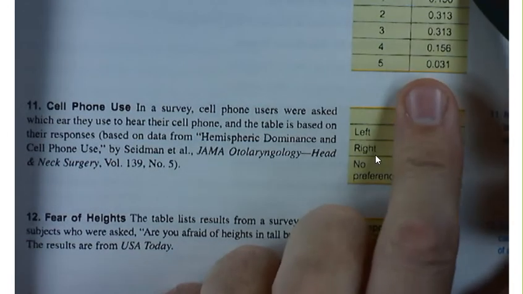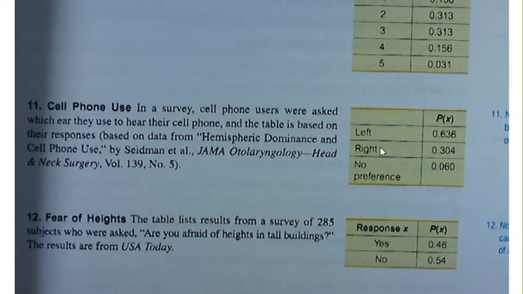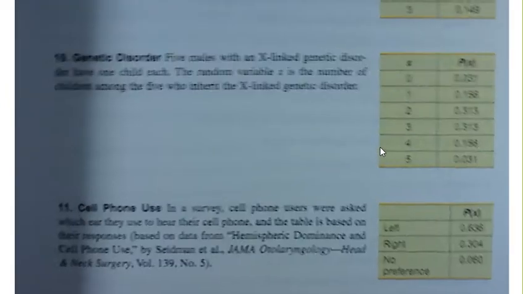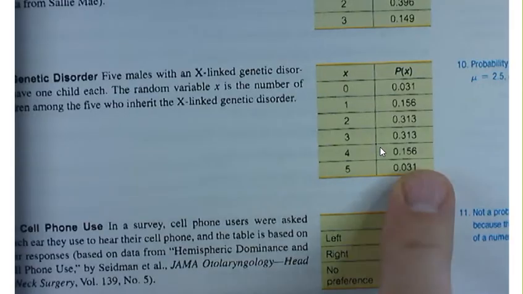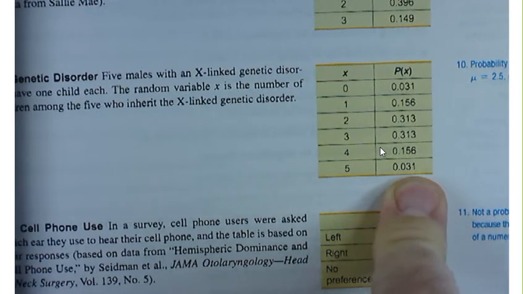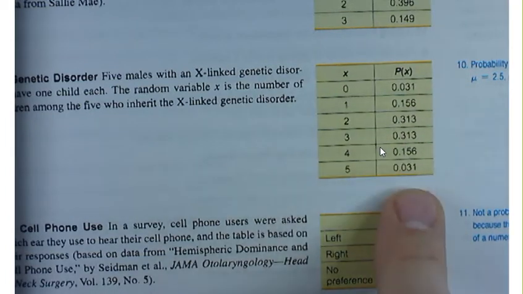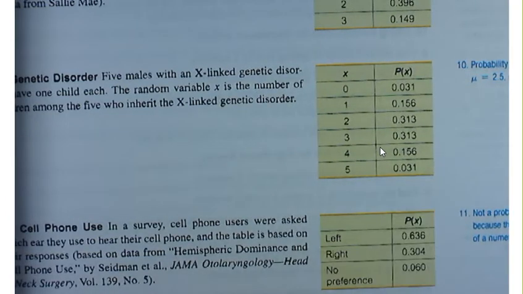So let's look at problem number 10 here. For problem number 10, well, you need to check, first of all, that this adds up to 1. So that's one thing. And if it does, well, all these probabilities are between 0 and 1, so it looks like a probability distribution.